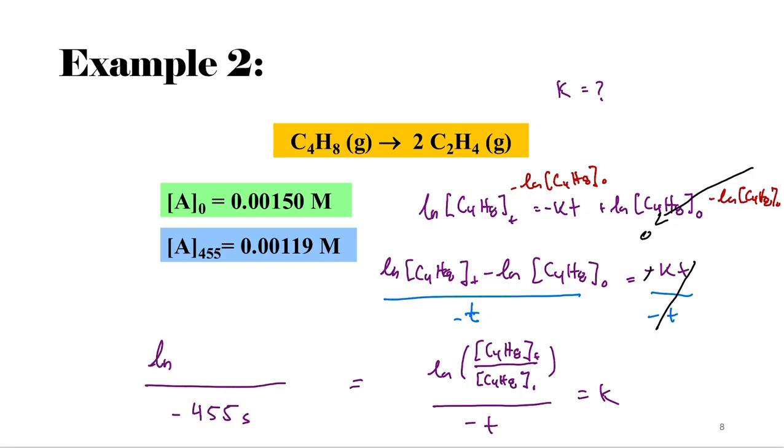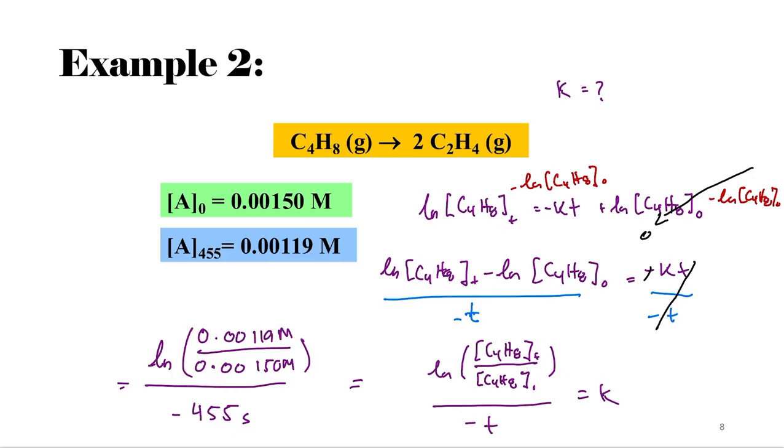And then we have ln, the concentration at time t. Here we have a time t of 455, so that's why the subscript 455 is there, is 0.00119 molarity over the initial concentration, which was 0.00150 molarity.